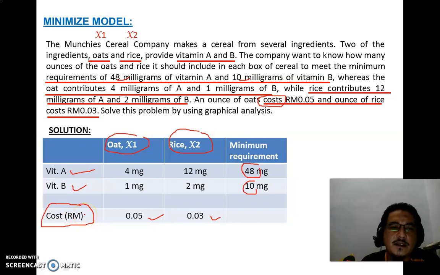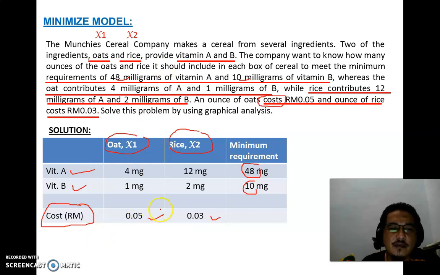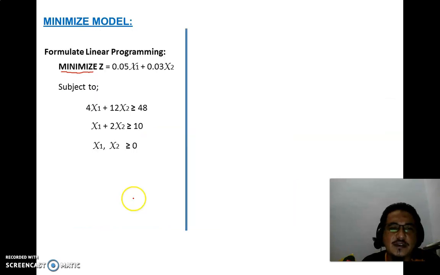So now for the first step, formulate the linear programming. Minimize, whereas in the previous video it was maximize. Here it is minimize Z equal to 0.05 S1 plus 0.03 S2. How do I get this? From here, 0.05 S1 plus 0.03 S2.